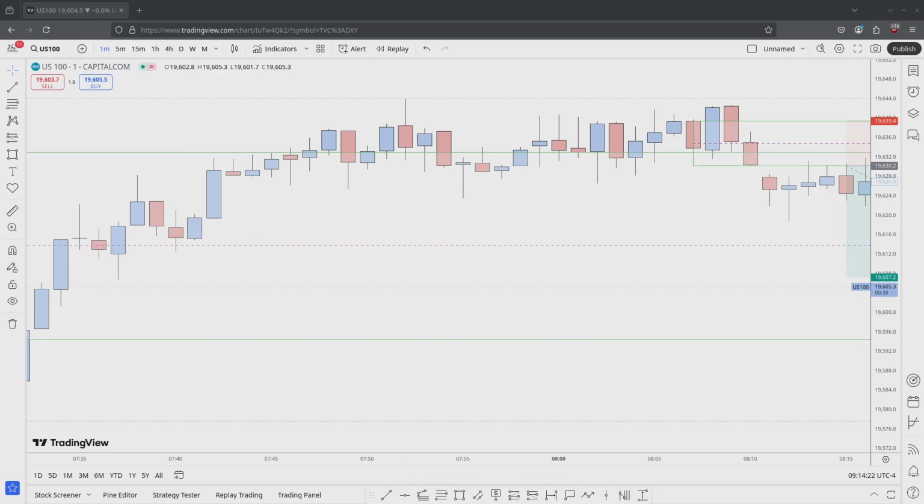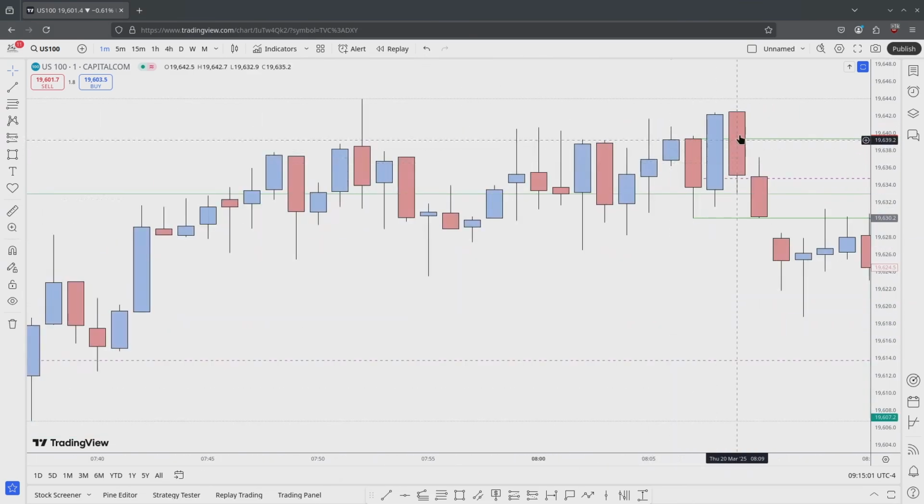US 500 looks similar to US 100. You got an SMT with Dow posting a higher high. And that's a higher high posted in the form of candle bodies, not in the form of a wick sticking out above the rest of the bodies. So technically this would be a lower high. So SMT.